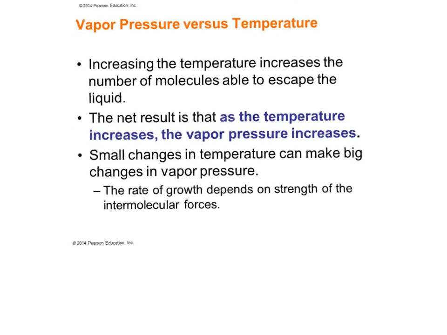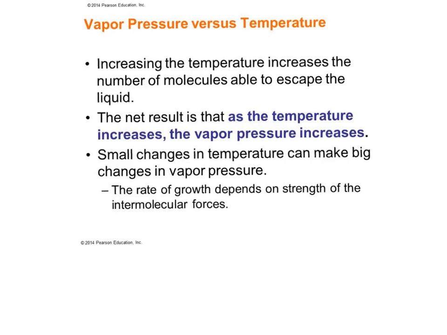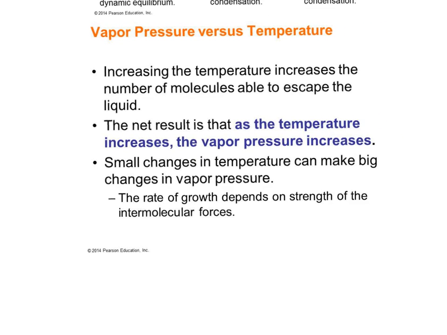As you may also guess, vapor pressure is influenced by the strength of the intermolecular forces of attraction. The stronger the intermolecular forces of attraction, the lower the vapor pressure, and vice versa. As the temperature increases, the vapor pressure increases, and I think you could figure out why.